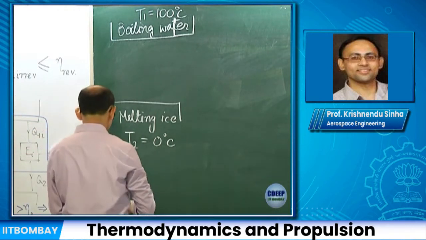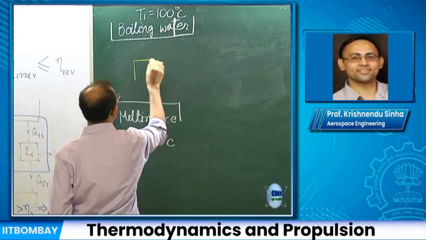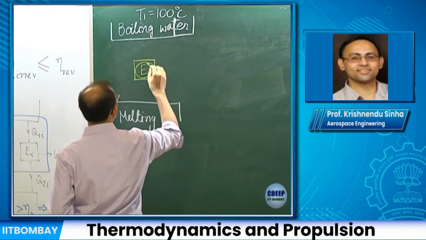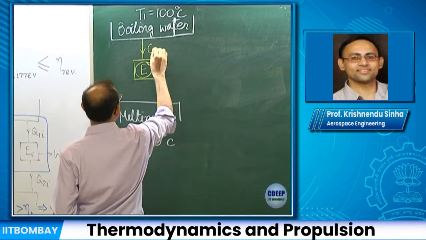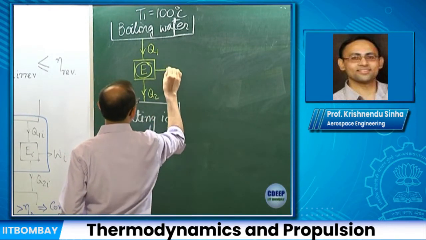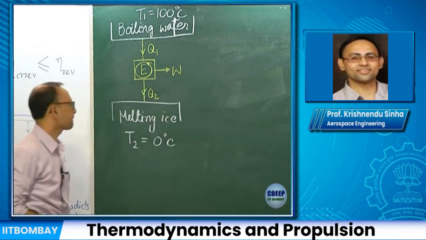And then we are able to operate a heat engine, a Carnot engine, which takes Q1, rejects Q2 and gives W output.